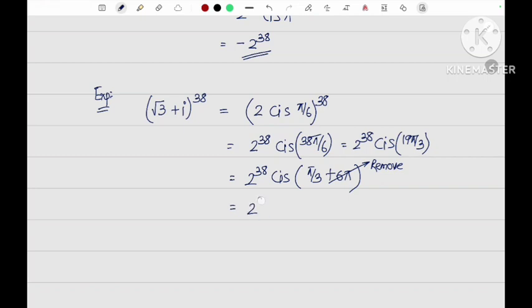So this will become 2 to the power 38 cis pi by 3, and I can write here 2 to the power 37 into 2 cis pi by 3, and 2 cis pi by 3 we have already seen. What is 2 cis pi by 3? 1 plus i root 3. This is equal to 2 to the power 37 times 1 plus i root 3. So this is the answer.